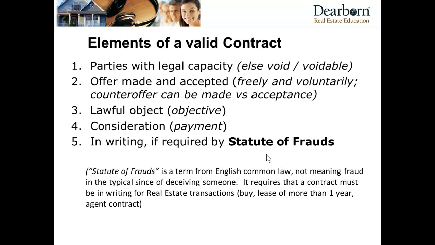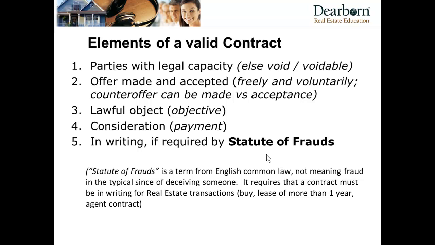The first element for the contract to be valid is that the parties have legal capacity, and what that means is under the law, are they able to enter into a contract to sell or to buy? The typical exclusions here are at the ends of the age spectrum.